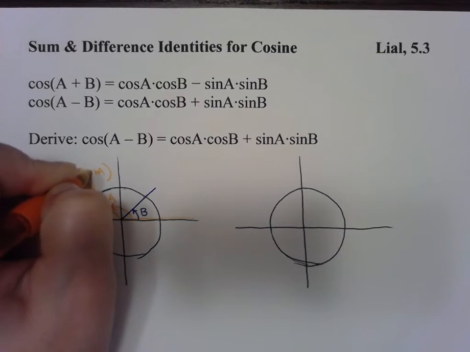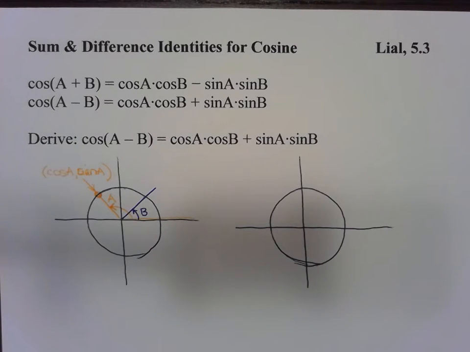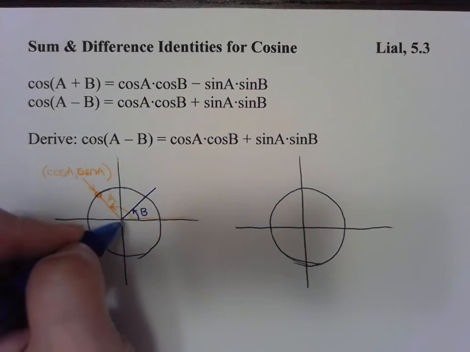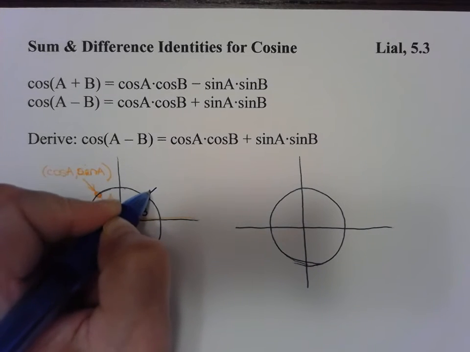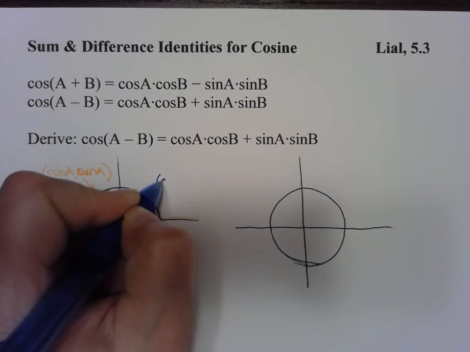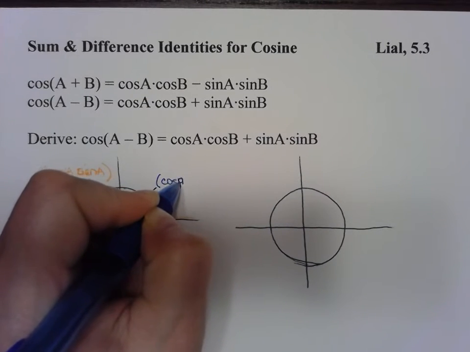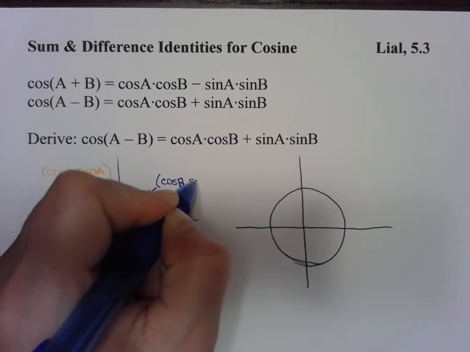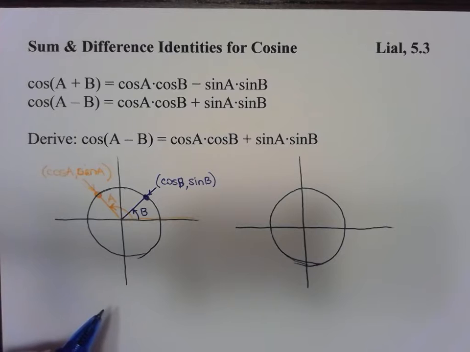I didn't have a lot of colors to choose from today. So that's the cosine and that's the sine. Then we can do the same thing for angle B. Here would be a point with coordinates cosine of B, comma, sine of B.